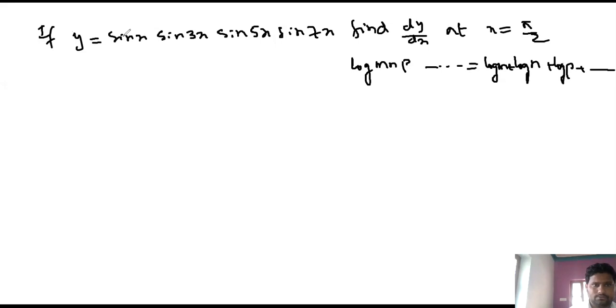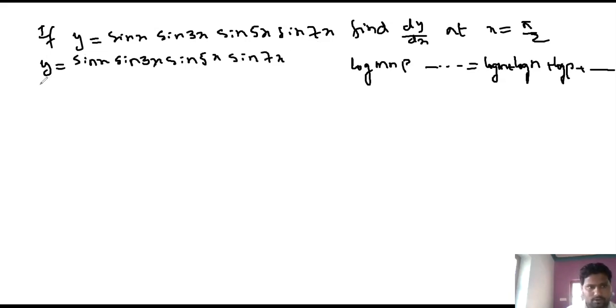Here also it is the same: sin x, sin 3x, sin 5x, sin 7x is a product of four functions. So we have to take logarithm on both sides; only then can it be easily simplified. Once again, I will write the given y is equal to sin x, sin 3x, sin 5x, sin 7x.